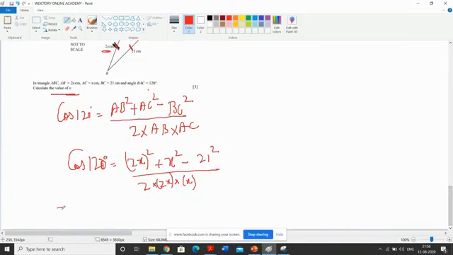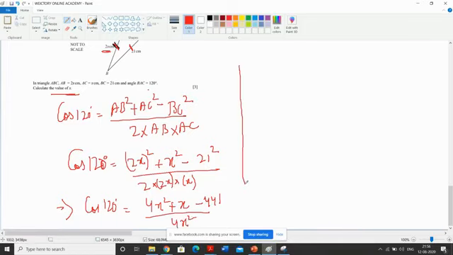So from here you will get cos 120 is equal to 4x square plus x square minus 21 square. 21 square is 441, divided by 2 into 2 is 4, 4x square. Now let's simplify this. So you will get 4x square into cos 120 degrees is equal to 4x square plus x square, which is 5x square, minus 441.